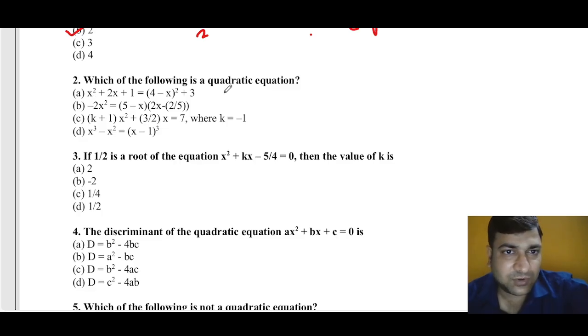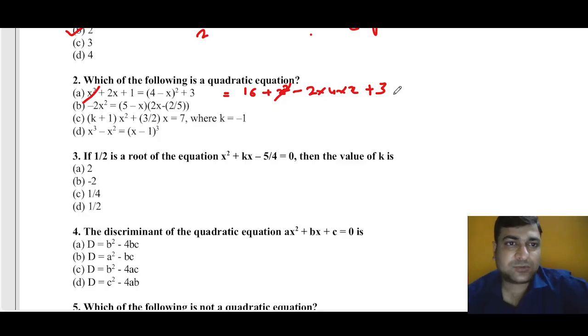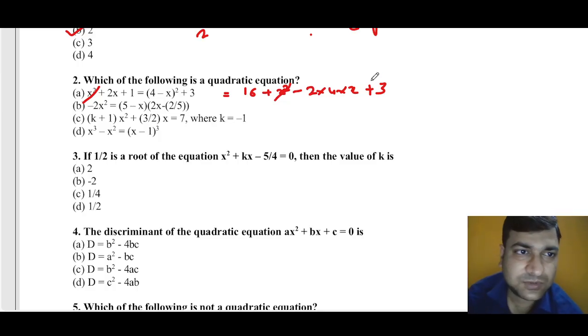In RHS, 4 square means 16, plus x square, minus 2 into 4 into x, plus 3. Here x square will be cancelled out by this x square. So only x is left in this equation. So it is not a quadratic equation.